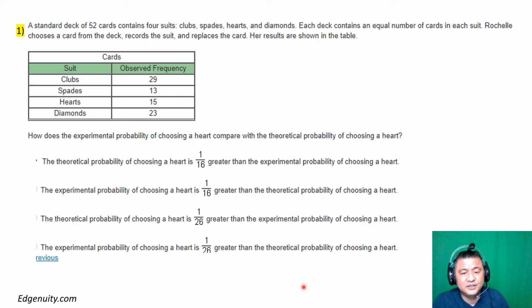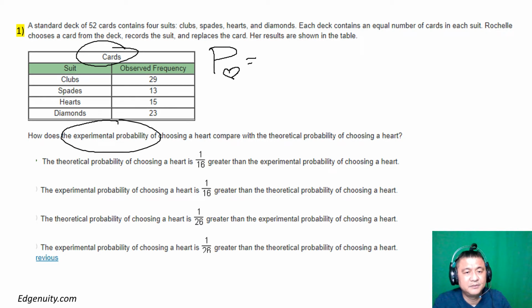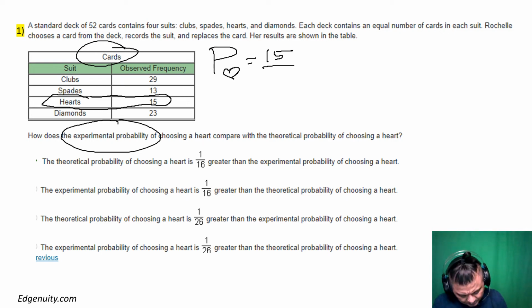Let's start with the experiment. These are the experimental probability of getting a heart. The probability of getting a heart, you could see it here, in the experiment is 15 out of a total of, let's add it up, 29 plus 13 plus 15 plus 23 is 80. 15 out of 80.